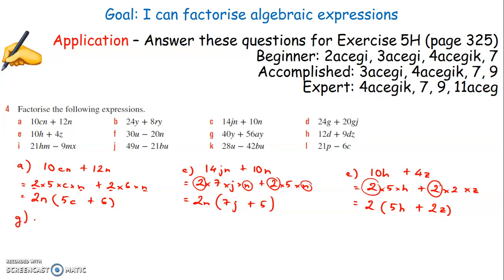Next is g. So for g, we have 40y plus 56ay. This is going to be a bit more difficult for us to find out the highest common factor. Now what you can do here is you can use the factor tree.